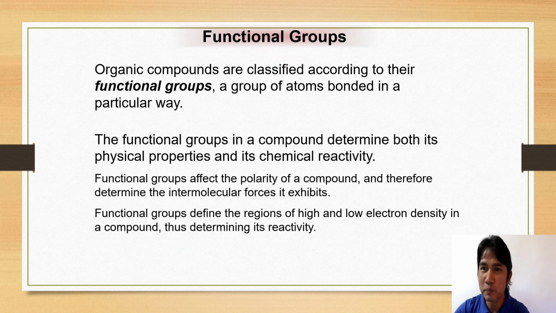There are many organic compounds that contain not only carbon and hydrogen. There can be atoms such as oxygen, nitrogen, and the halogens bonded to the carbon. Those organic compounds can be categorized based on their functional groups. Functional groups in a compound determine both its physical and chemical reactivity.